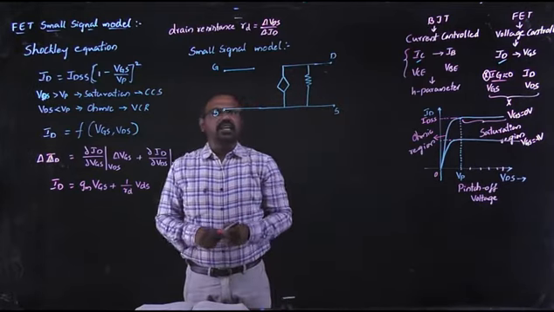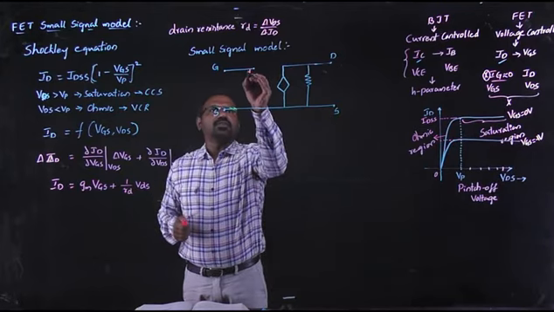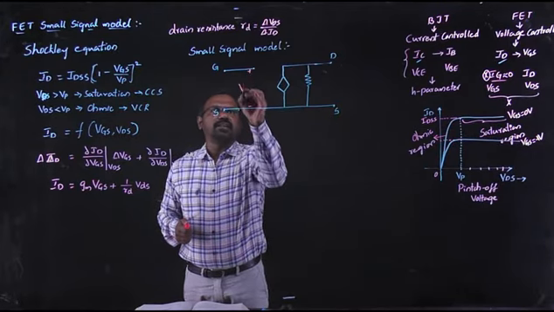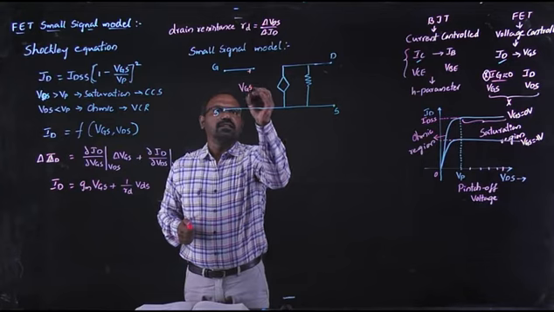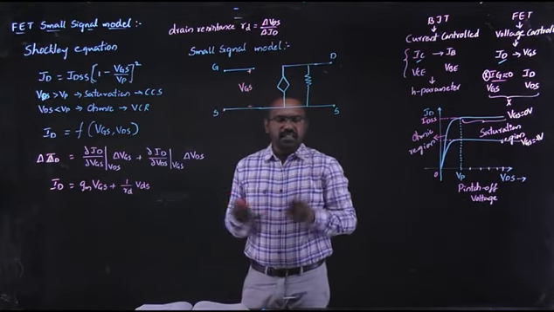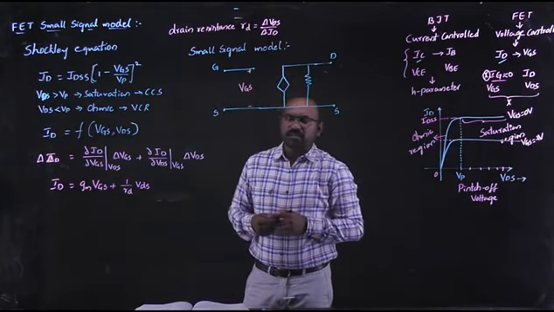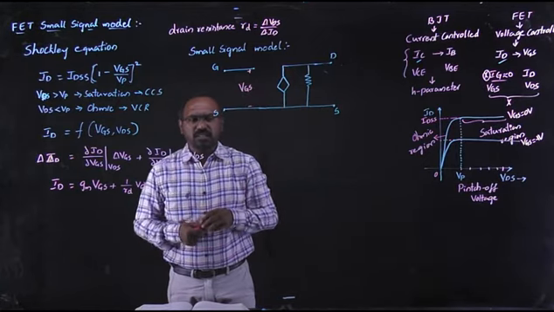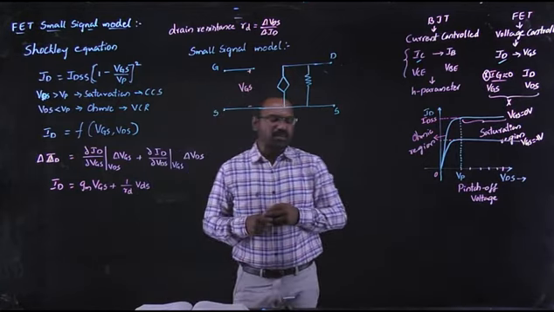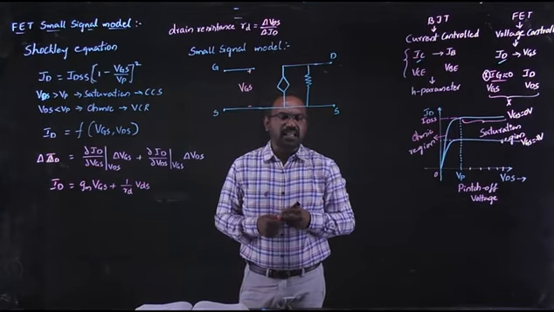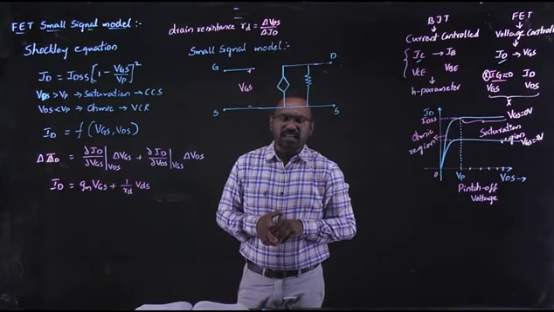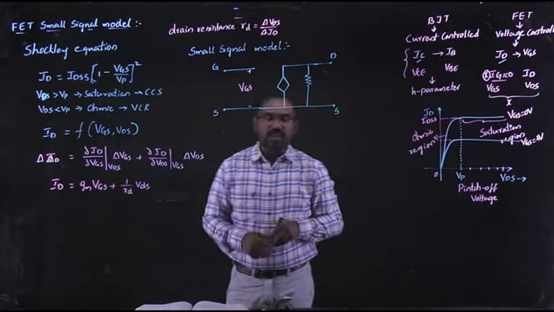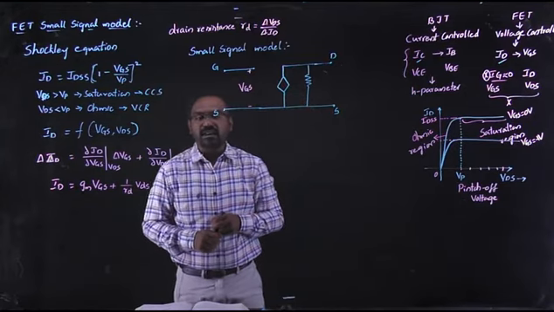Generally the gate to source voltage I indicate with VGS. It is always open circuited, but sometimes we indicate it with a resistor, the gate resistance RG. Generally the input impedance or the gate resistance value is 1000 mega ohms, a very high value.